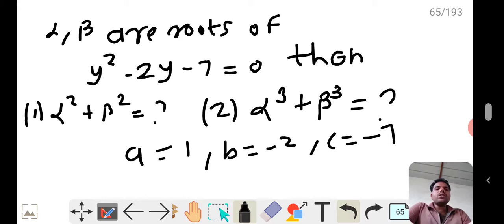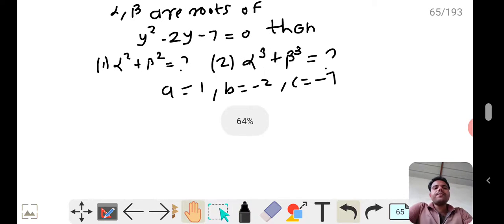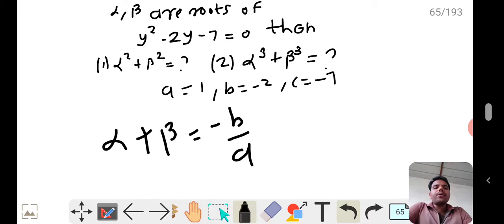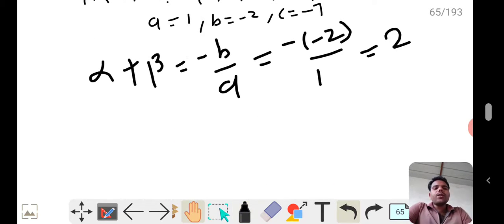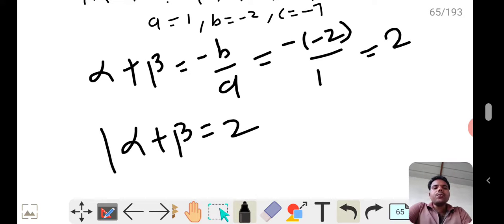From these values we can now write the value of alpha plus beta and the value of alpha into beta. First, alpha plus beta is equal to minus b by a, that is minus of minus 2 by 1, so we get alpha plus beta is equal to 2.